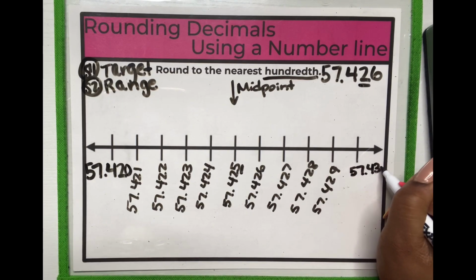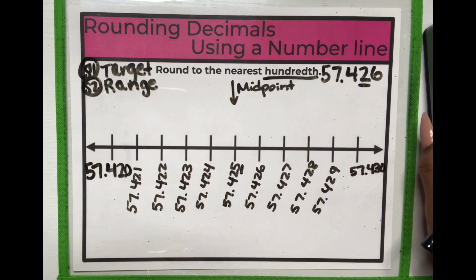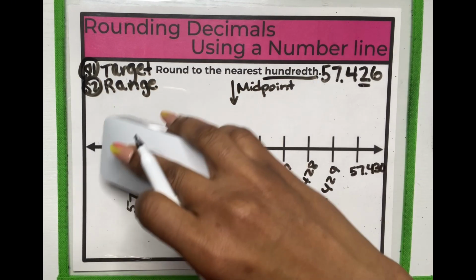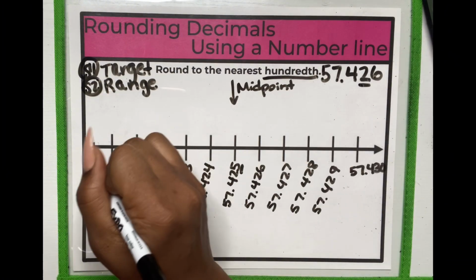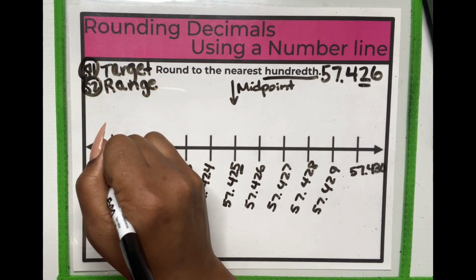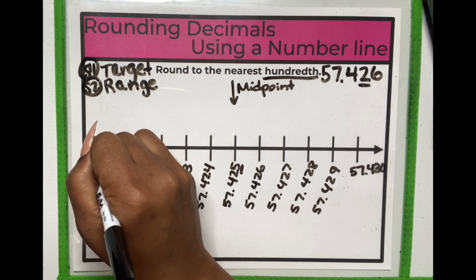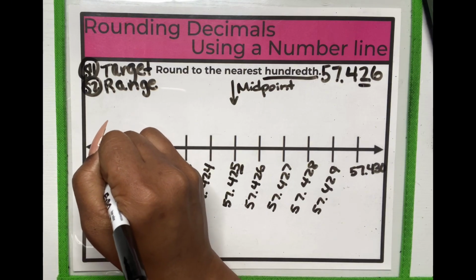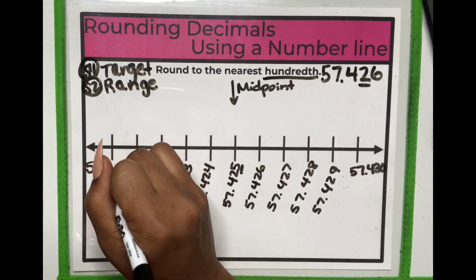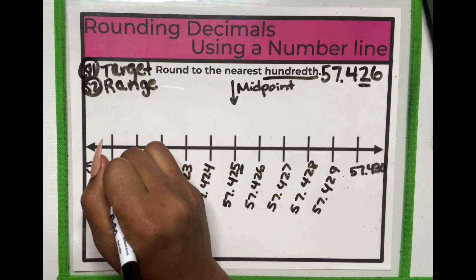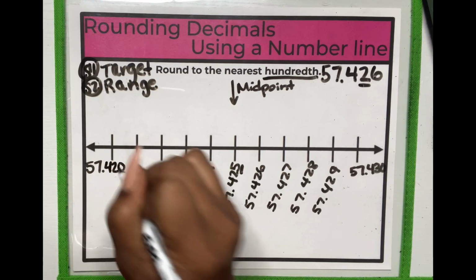All right, now we've created the number line. Let's go ahead and plot. Place where you believe 57 and 426 thousandths would be on this number line.